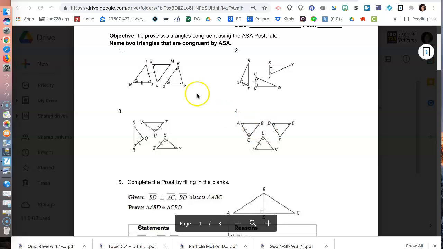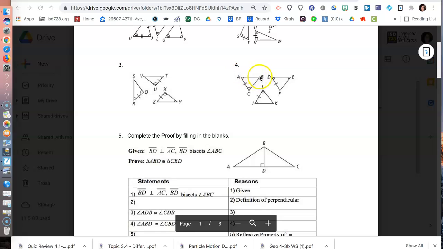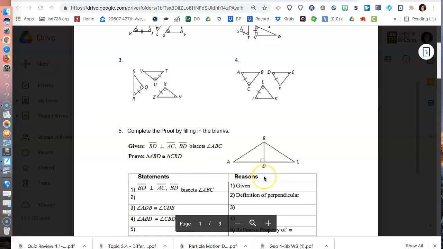So our answer for naming two triangles that are congruent for number 4 would be triangle A, B, C, and then match its corresponding parts is congruent to triangle J, K, L.